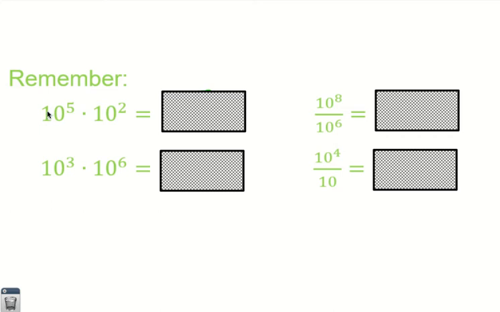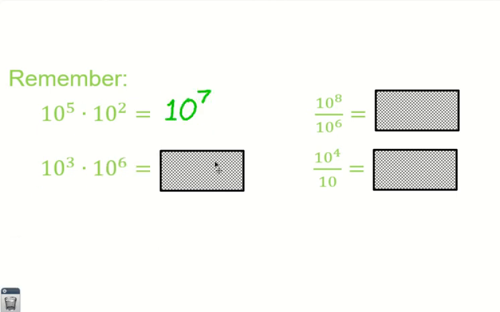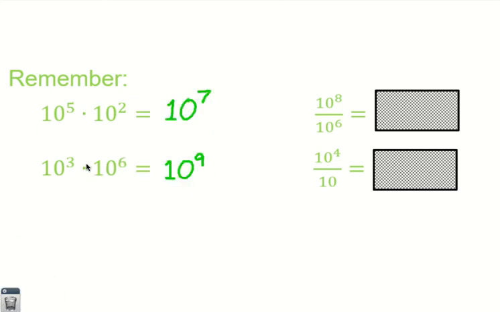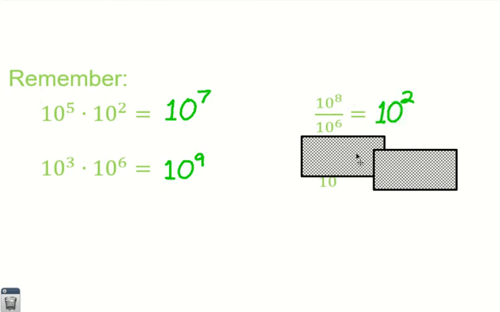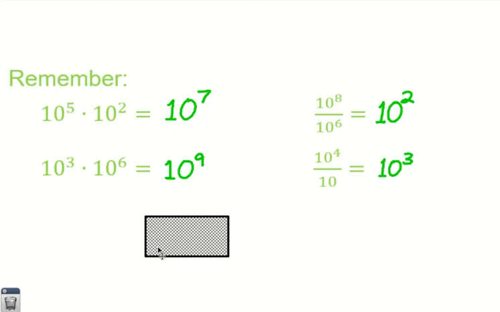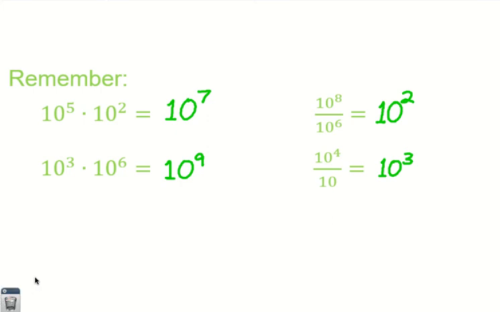When it's the same base, and you're multiplying and they each have a power, you add the powers, right? So this one would be 10 to the 9th. What happens when you're dividing the same base, like 10 to some power divided by 10 to a power? You subtract the powers, right? Of course you do.